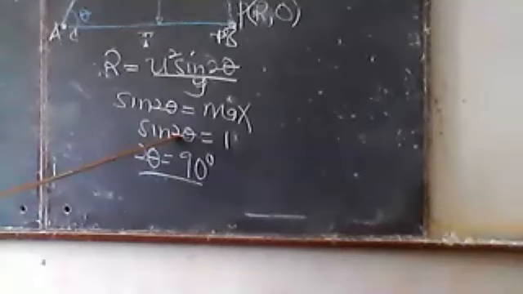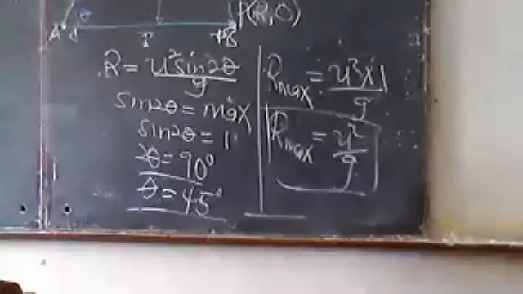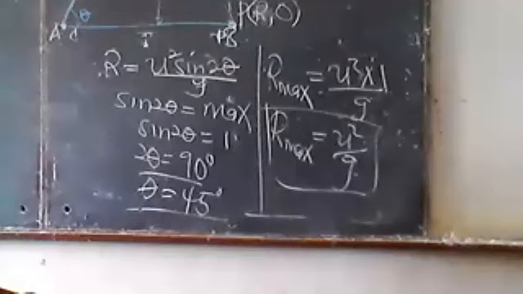That's the formula for maximum range. We obtain it when sine 2 theta is 1. And I realize that when sine 2 theta is 1, theta is 45 degrees. Is that okay?